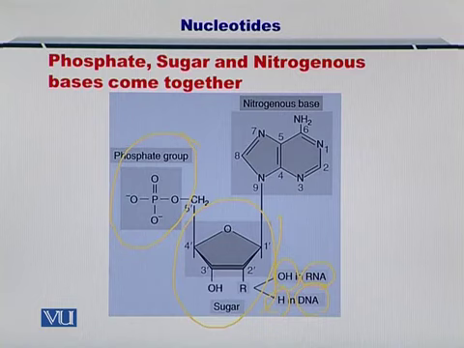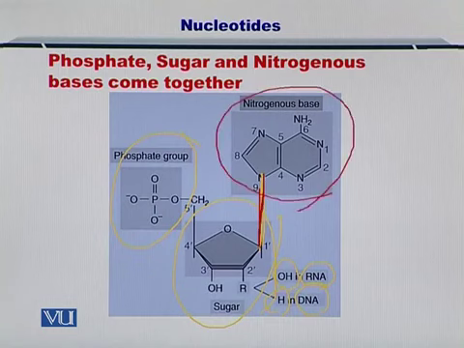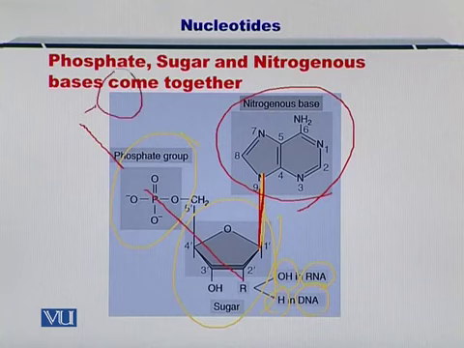On top of this, the nucleotide base comes and attaches itself. So in this way, the phosphate sugar chain continues, and newer nucleotides come and attach themselves, and the DNA or the RNA molecule is constructed.